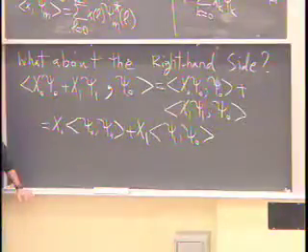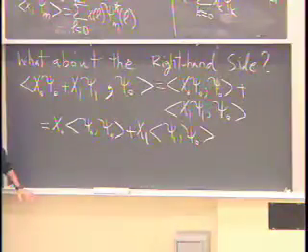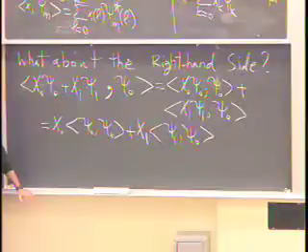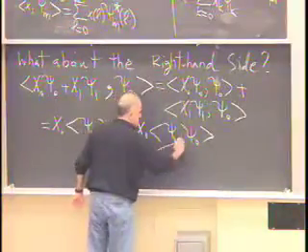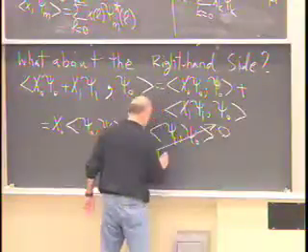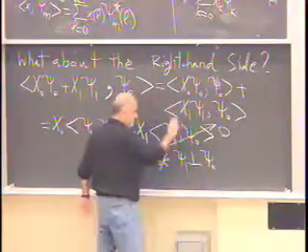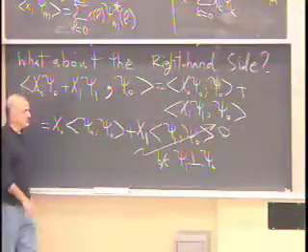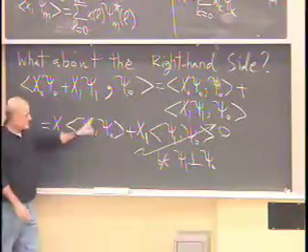And what can you tell me about this expression? How can I simplify it further? The second term is 0, because C1 is orthogonal to C0. So on the right hand side you're left with this.